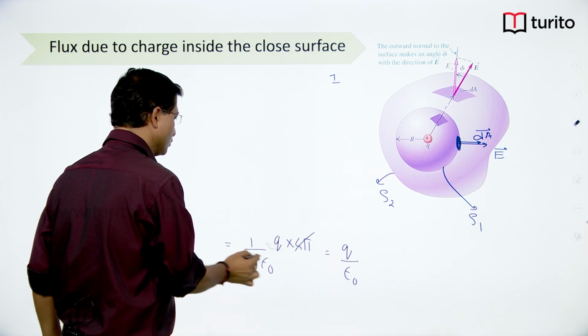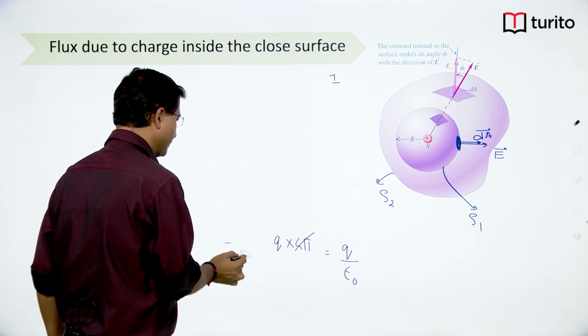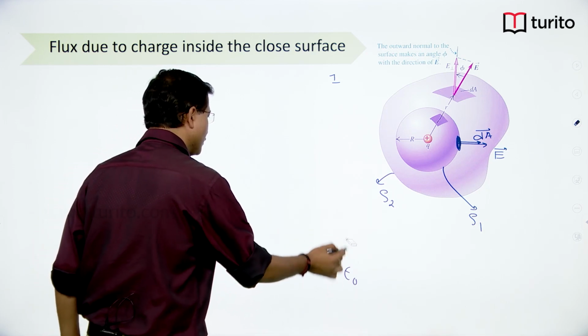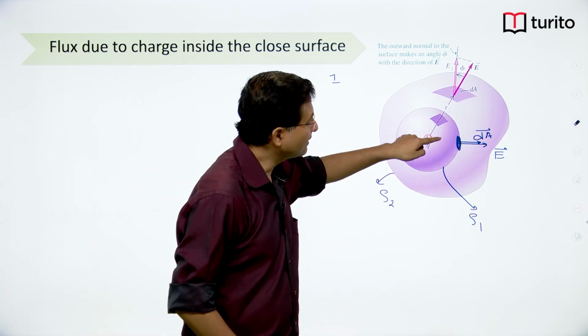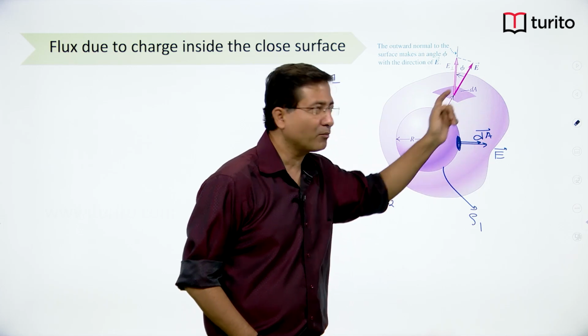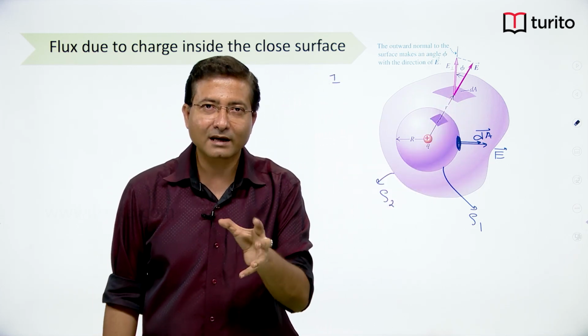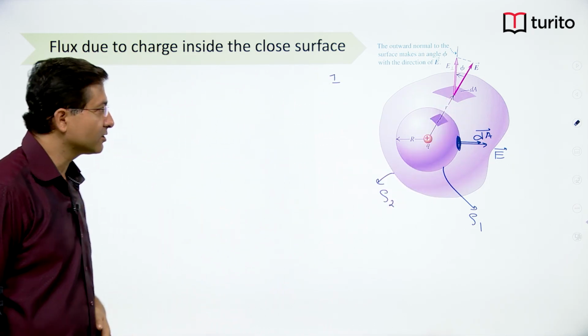Now, S2, surface area is more, but the intensity of field at all the point on the surface will be less. So, let us see how the product will change, right.